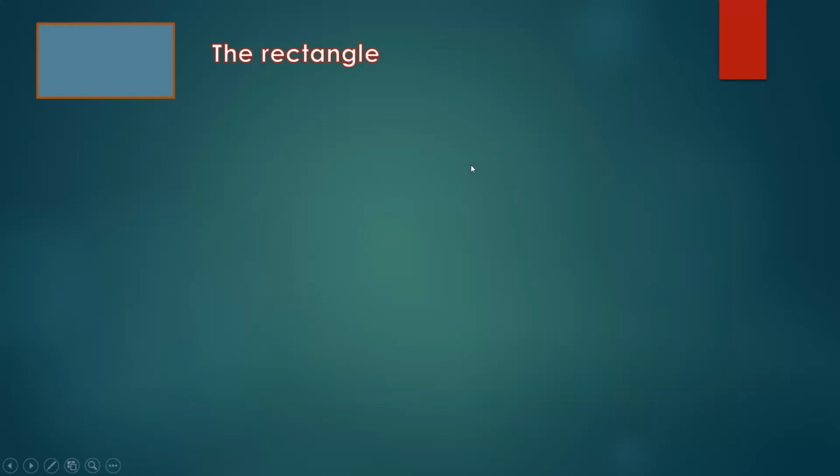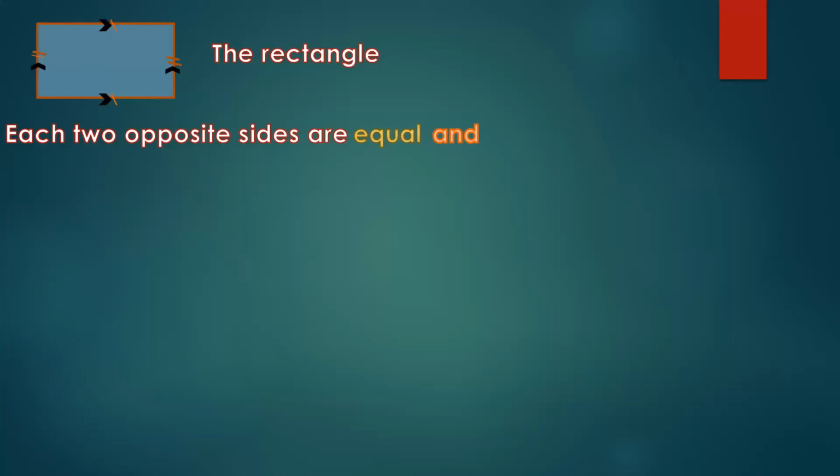The first sub-shape of the parallelogram is the rectangle. It's like a parallelogram, but the difference is that it has one right angle. So the rectangle: number one, each two opposite sides are equal and parallel. Number two, the diagonals. Do you remember?